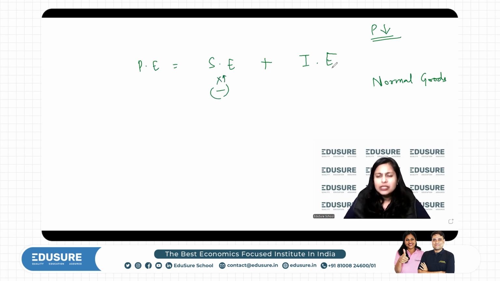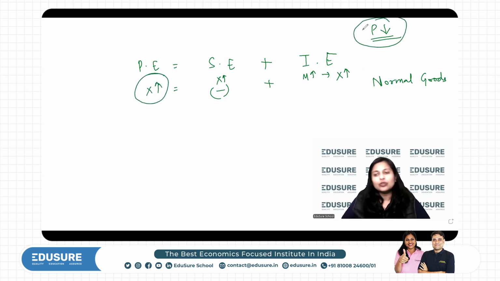Then when price falls, the real income rises, which leads to, if a good is normal, when income rises, quantity demanded of X will rise. When we add the two up, we get price effect, which means that when price falls, the quantity of good X rises. This is a classic normal good.